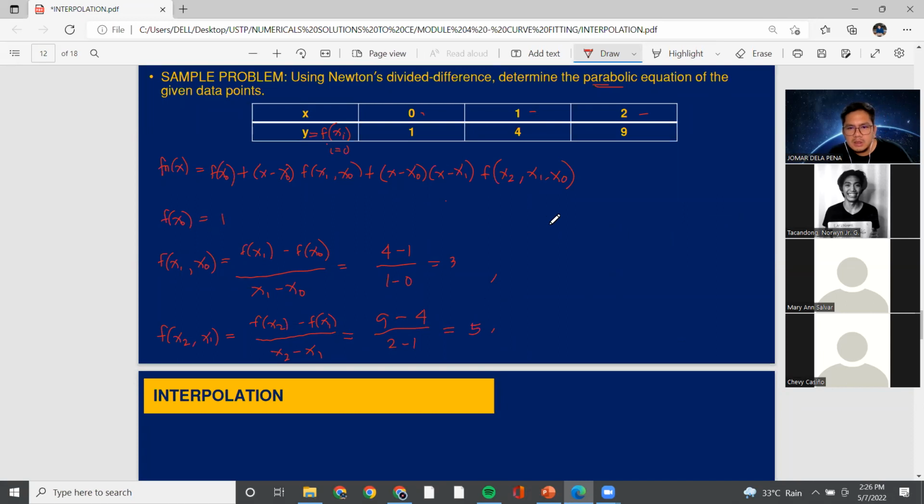So okay na siya. Next is, this is the muna gitawag na first divided difference, no? Itong formula. First divided difference. And this is the second divided difference and the third divided difference.